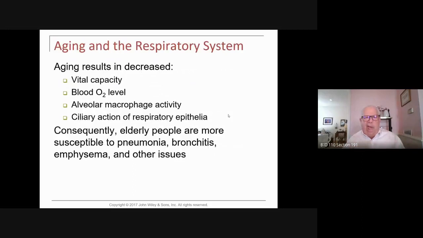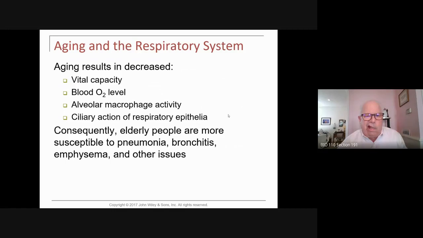What happens when you age? Your lungs shrink a little bit. Your blood oxygen level drops a little bit. The alveolar cells in your body don't fight off infection as much.